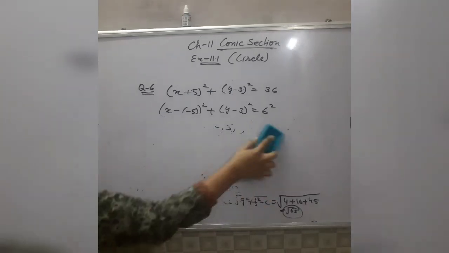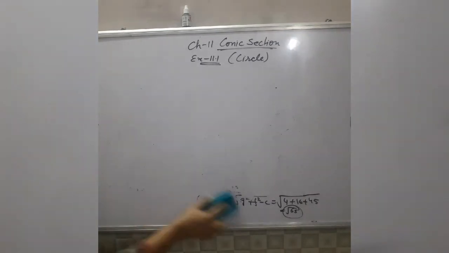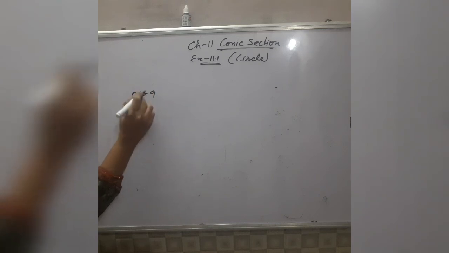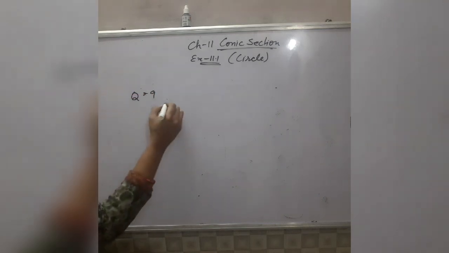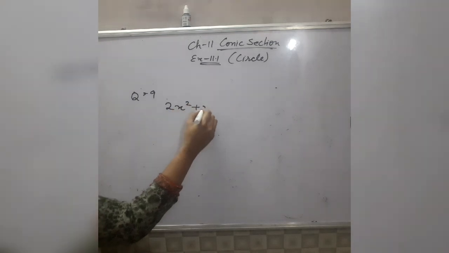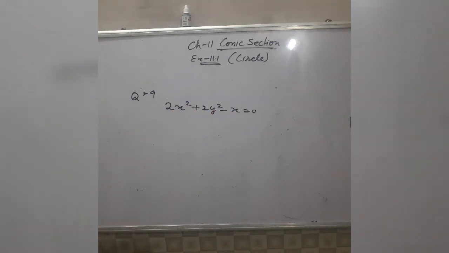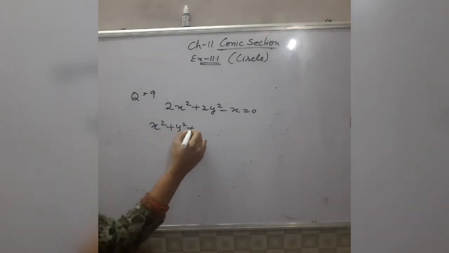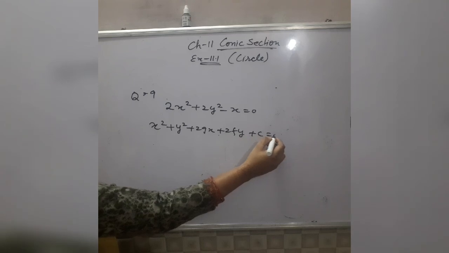Now question number 8 you will try yourself. I am explaining one more question, the last question of this video, question number 9. In question 9, the equation of the circle is 2x square plus 2y square minus x equals 0. So in this form, compare with x square plus y square plus 2gx plus 2fy plus c equals 0.